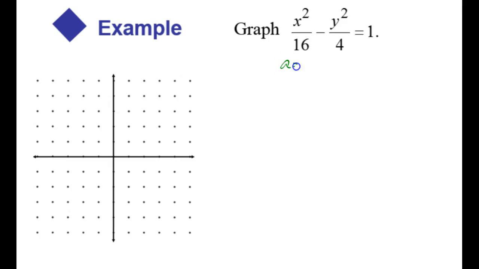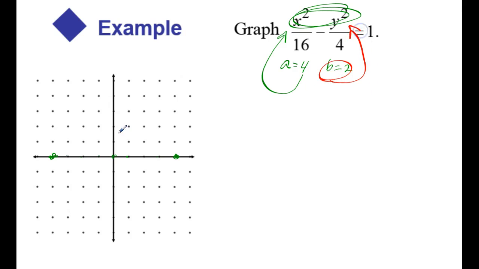So it's a little bit easier to look at an example of this. The a term always comes first, so a is 4 and b is 2, because remember, these terms are being squared, so all I have to do is take the square root. This is centered around the origin because there's no h and k, so all I'm going to do is go 4 units along the x, and there's a vertex: 1, 2, 3, 4 along the x. And this actually says 2 along the y.